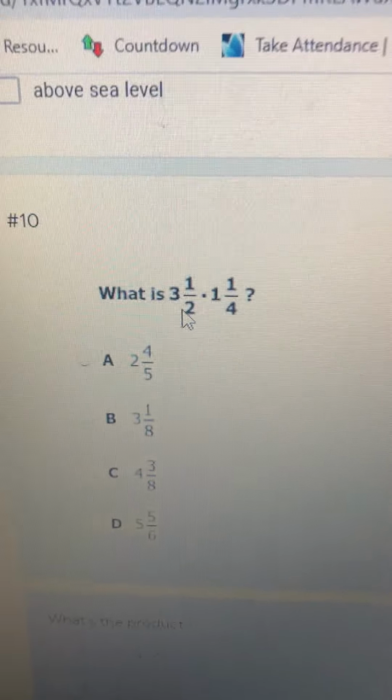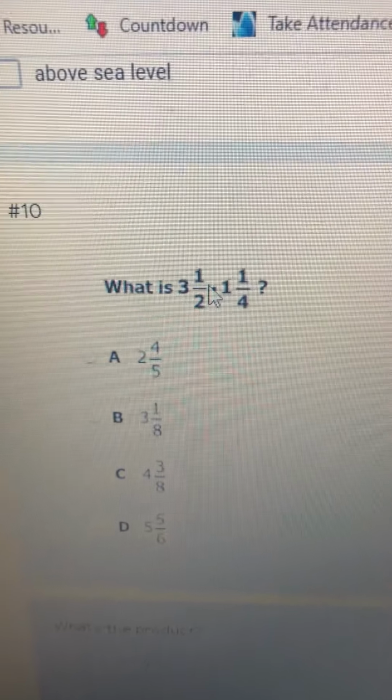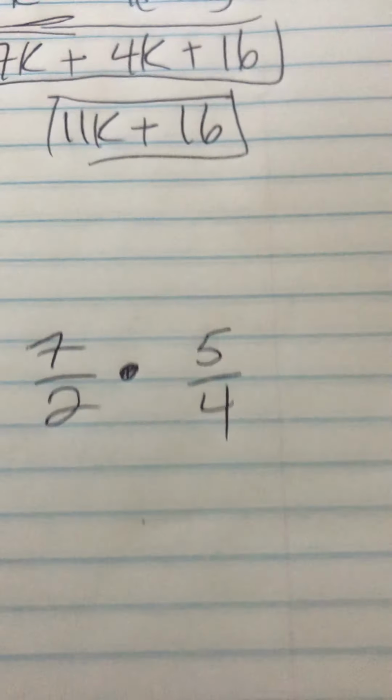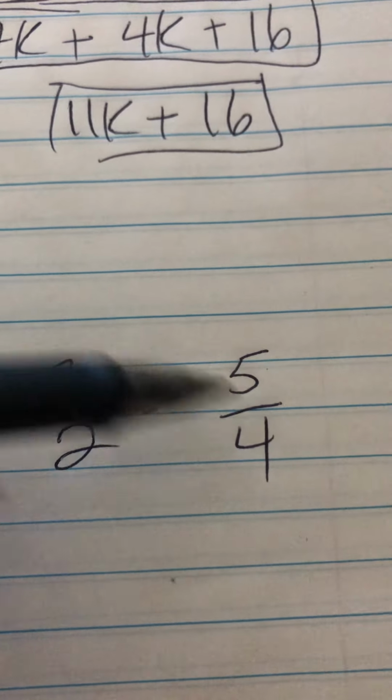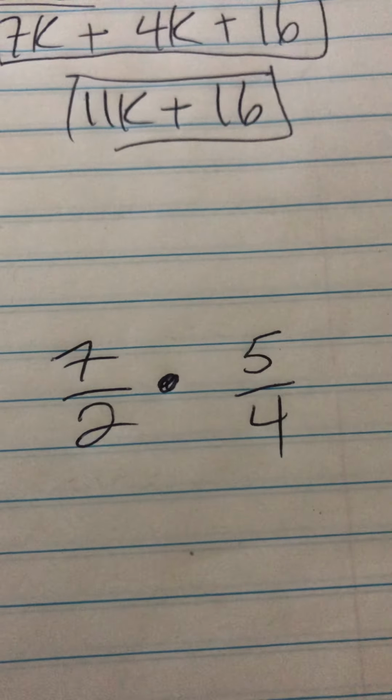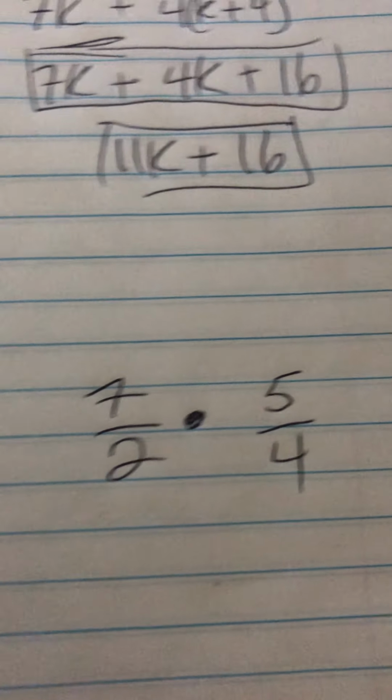All right, so 3 times 2 is 6, plus 1 is 7. So we have 7 halves times, and then 1 times 4 is 4, plus 1 is 5. 5 fourths, okay? We don't do any keep, change, flip, or we can't cross anything out. So what we have to do is just multiply straight across, and that's going to be 35 eighths.